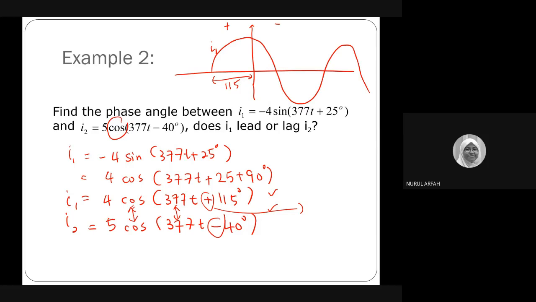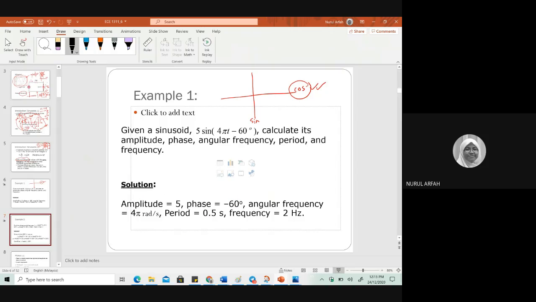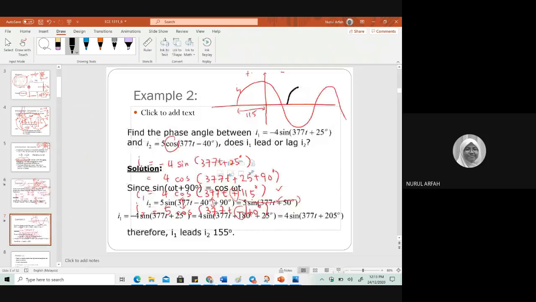And then let's draw signal number 2. Signal number 2, because I want to have a black color, that's why I put it like this. And this is 40. This is negative, this is positive. Okay, let me make it bigger.